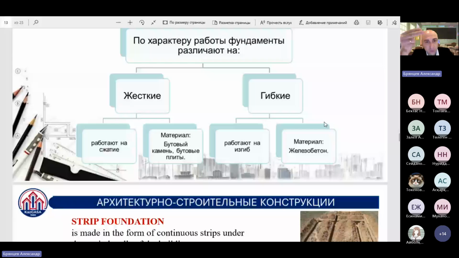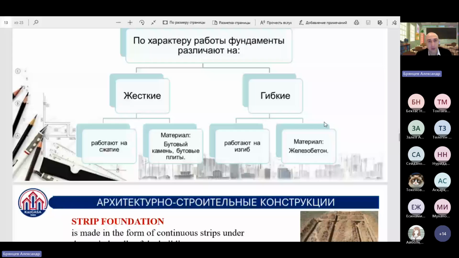Therefore, the choice between rigid or flexible foundations depends on architectural design, the magnitude of loads, soil properties, and constructional solutions.